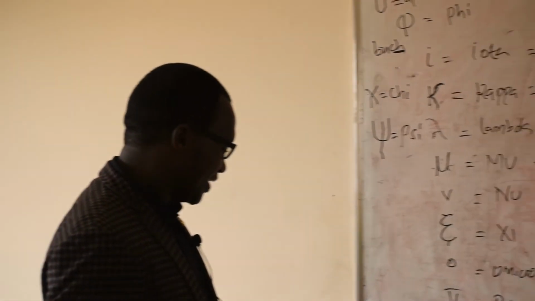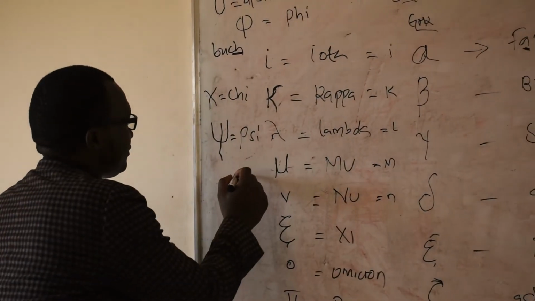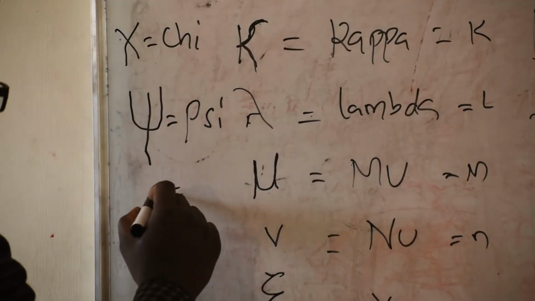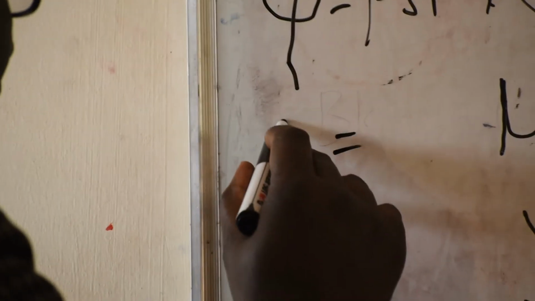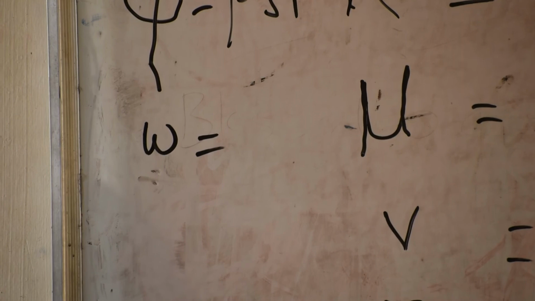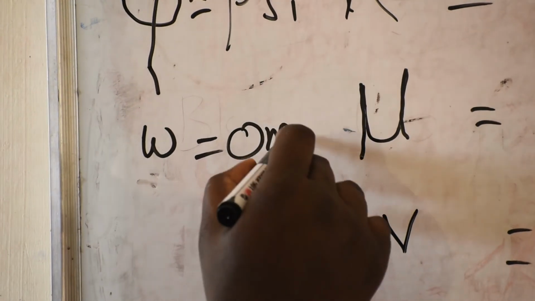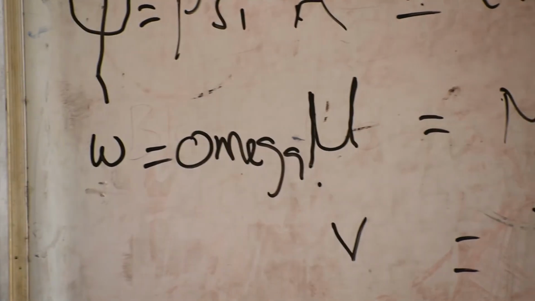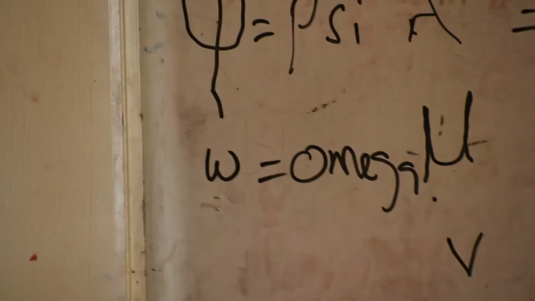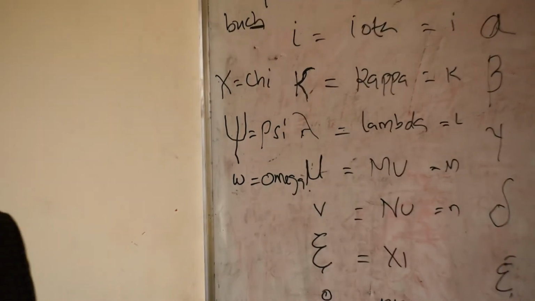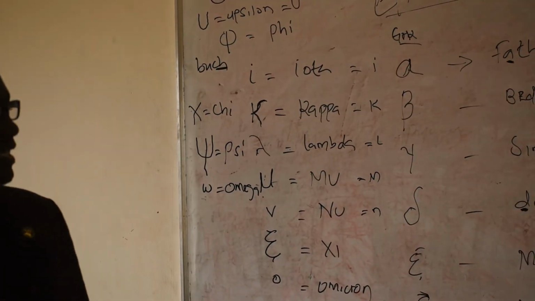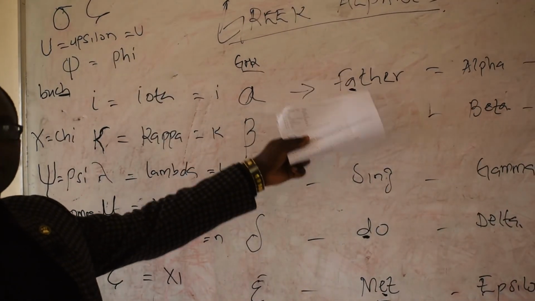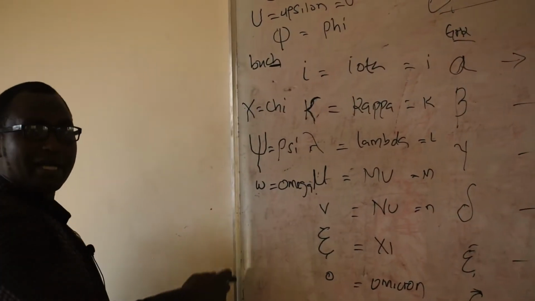The last one is known as the omega, which appears like a small W. Alpha and omega. I have to remind you that the first letter of the Greek is alpha and the last letter is omega.